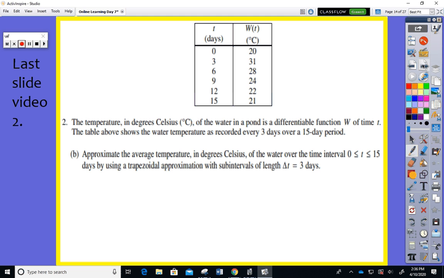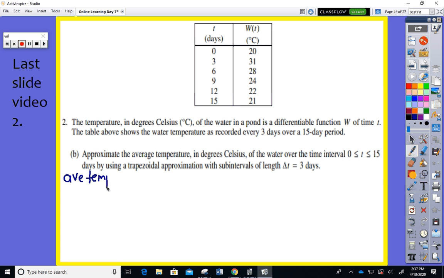Time is given in the left-hand column, over a 15-day period every 3 days. It says approximate the average temperature. Well, since we're given temperature and it asks for average temperature, this is average value, not average rate of change.